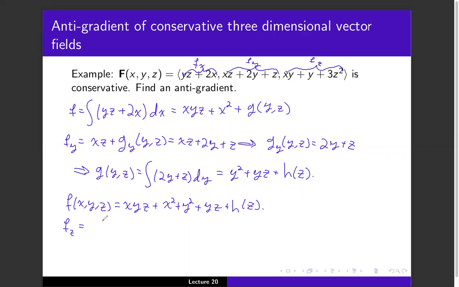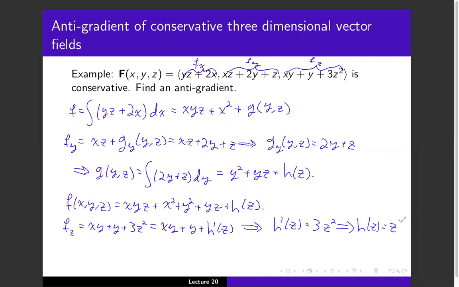So now we can just differentiate with respect to z. And that's going to give us xy plus y plus 3z squared. Differentiating the above with respect to z is going to give us xy plus y plus h prime of z, which tells us that h prime of z is 3z squared, or in other words, h of z is equal to z cubed.